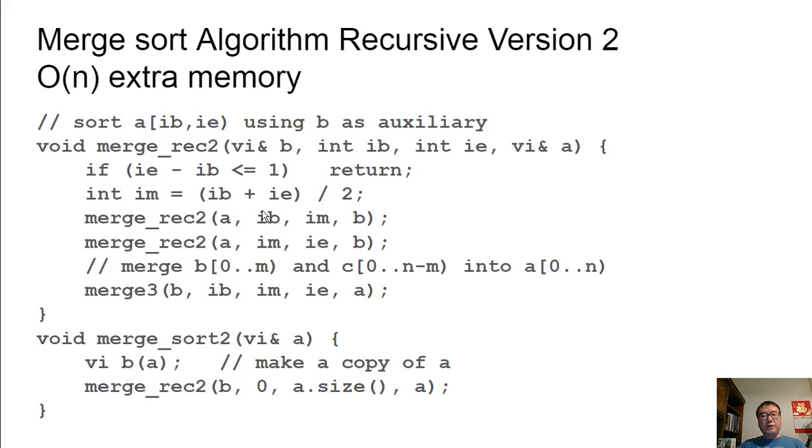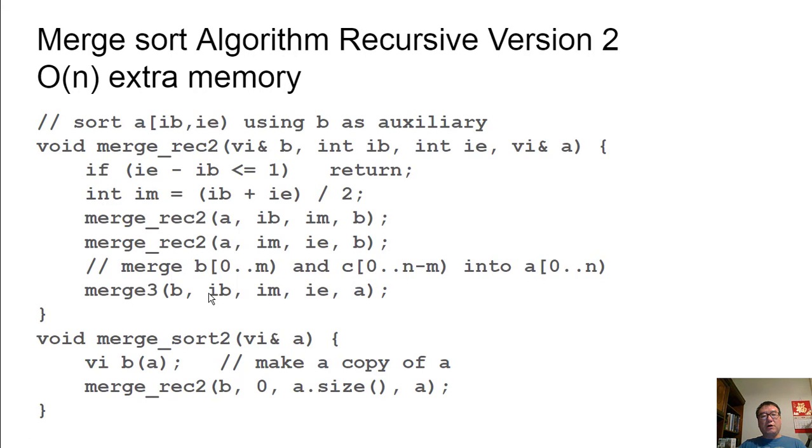But in this case, we actually sort the B array, whatever is passed in here, and use A as an auxiliary. Because once we do that, then B will contain the sorted parts. So when this is done, B will already have the two parts, IB to IM and IM to IE, sorted. Then we just merge them into A.